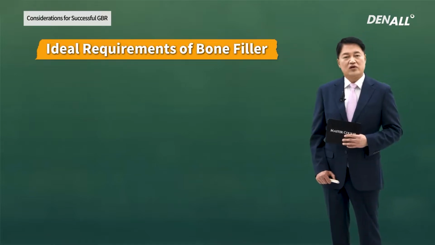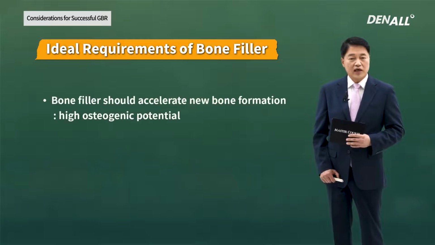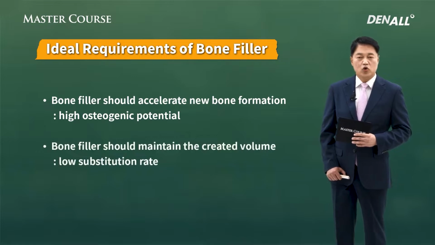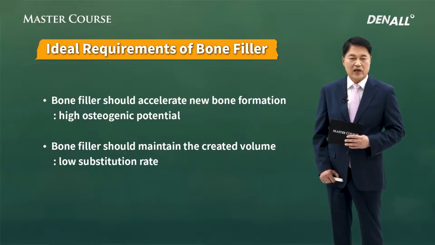Let's look at the bone fillers. There are requirements for that. First is high osteogenic potential. It needs to accelerate new bone formation. Another point is it should maintain the created volume. It shouldn't be resorbed too quickly, and it should be maintained for a long term.